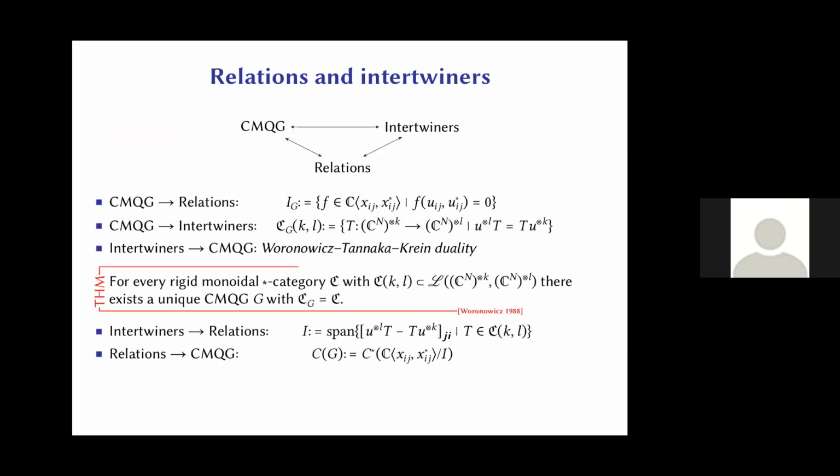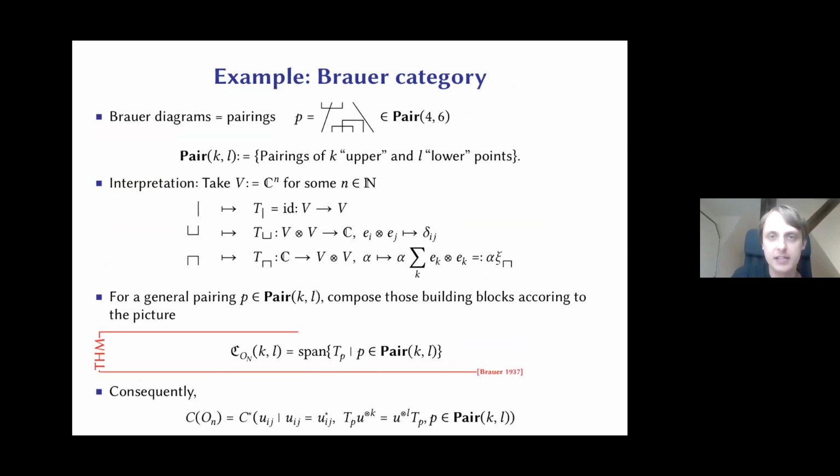Right. Okay, thank you. And so one idea how to do this, as I said, I want to do this using those diagrams. And one classical example is the so-called Brauer category, Brauer diagrams, which are pairings of some set of points on some upper line and some set of points on lower line.